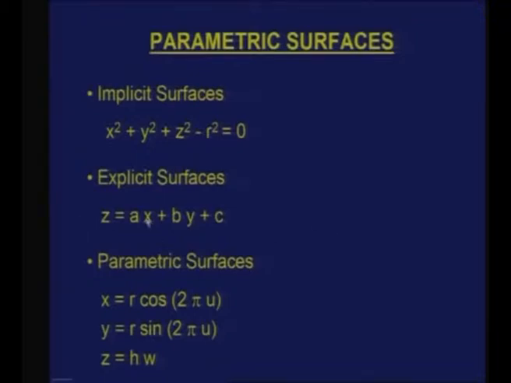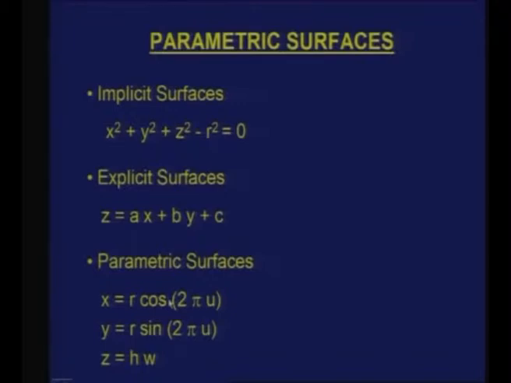Here is another example of z is equal to function of x y, which is an explicit form of surface. So, this is a simple plane equation which is there, or I can also have a parametric representation of the surface which is shown here.